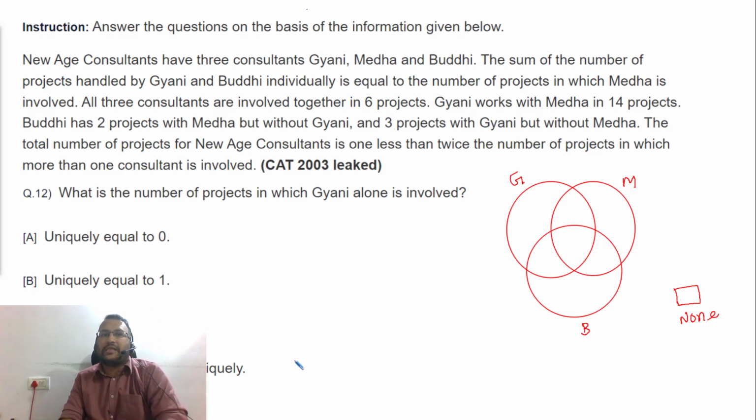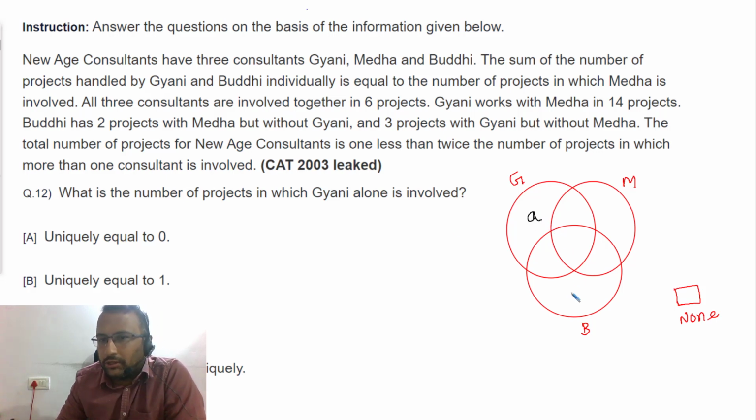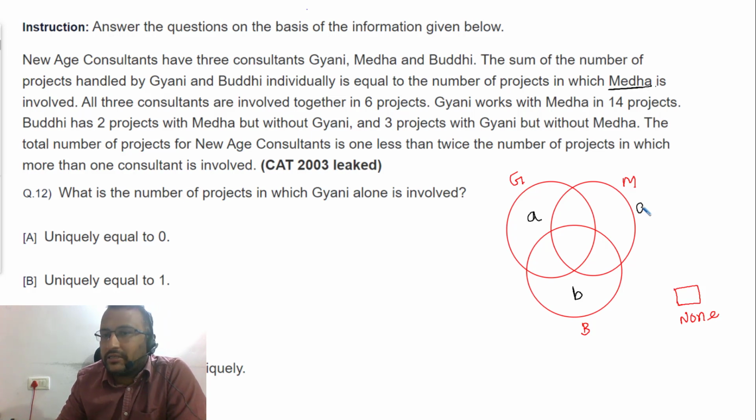The question says the number of projects handled individually by Gyani and Buddhi. So let's say Gyani alone handles A projects, Buddhi alone handles B projects. That means the total number of projects that Medha handles is A plus B. This is the meaning of the second line.